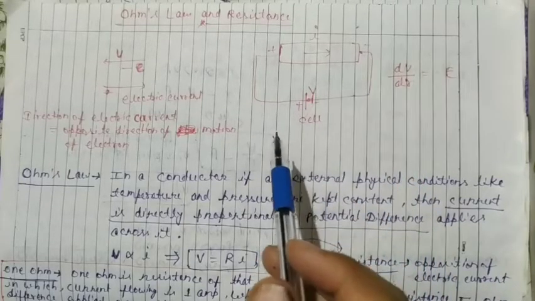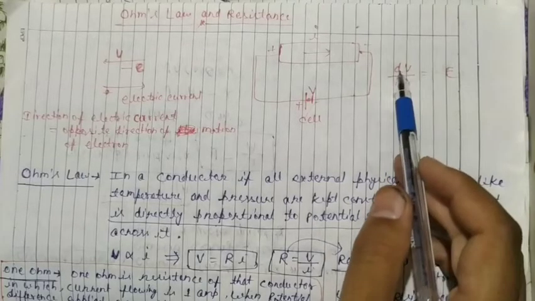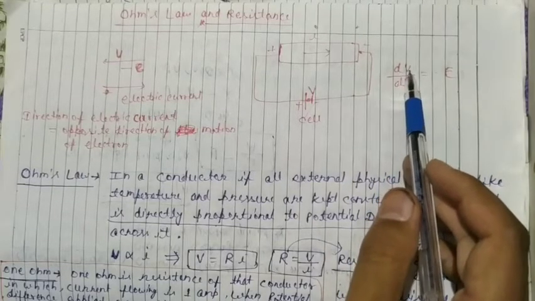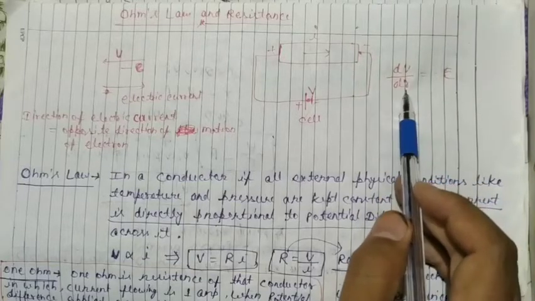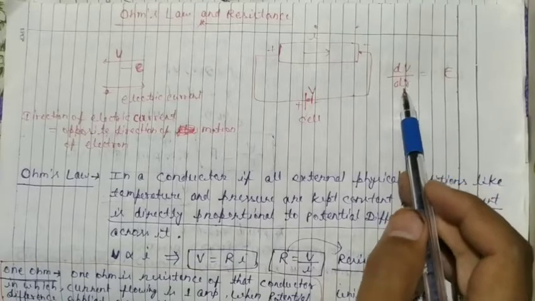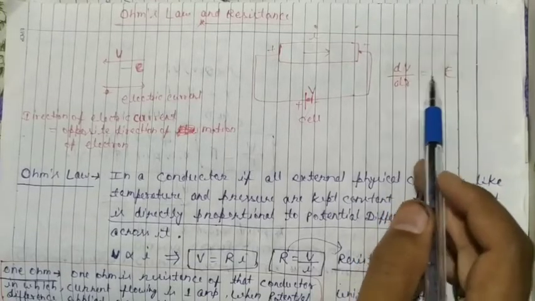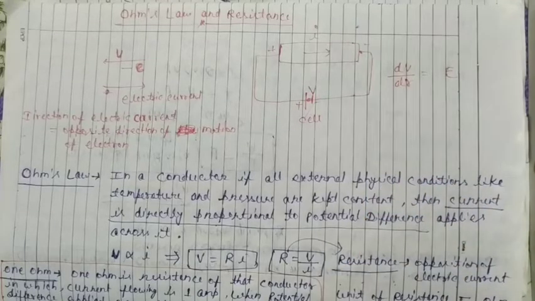and we know potential difference per unit length creates an electric field, dV upon dr. Potential difference per unit length is equal to electric field.